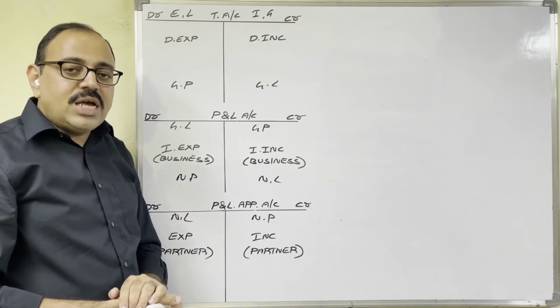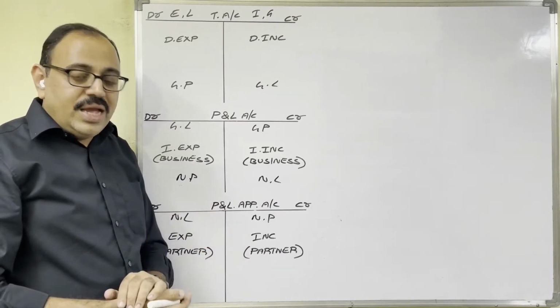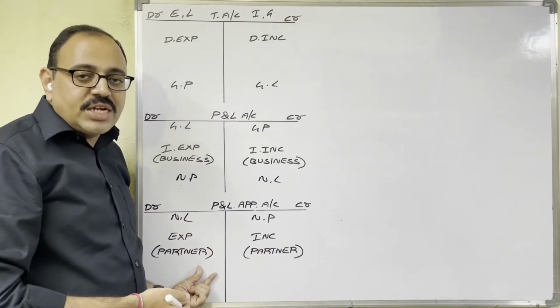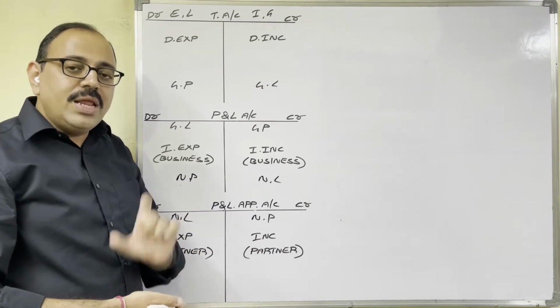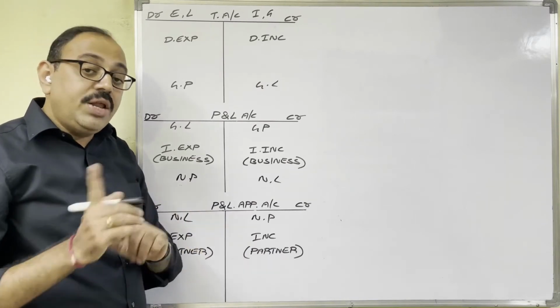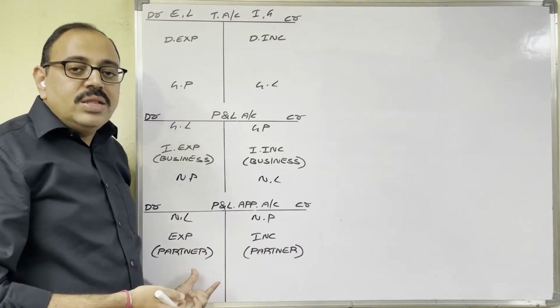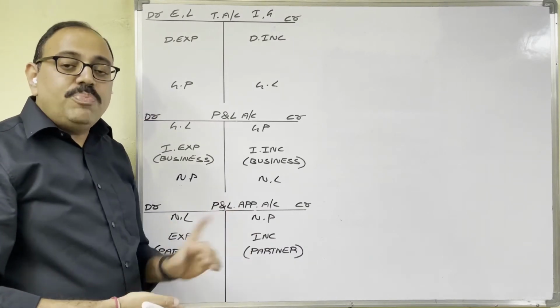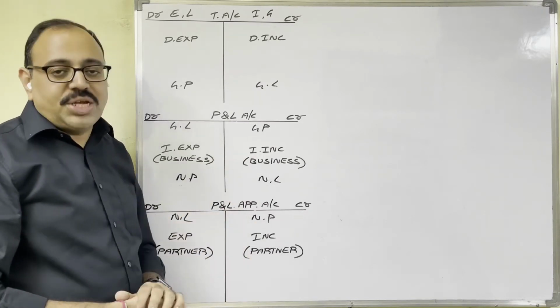When partners are maintaining capital accounts under the fixed capital method, then this profit is to be transferred to their current accounts. When partners are maintaining capital accounts under the fluctuating capital method, then this profit is to be transferred to their capital accounts. So the P&L appropriation account is merely an extension of the profit and loss account.